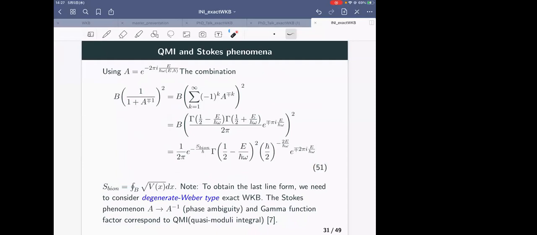I note that from here to here is very easy, but from here to here is a neat technique. After my talk, Kamata-san will explain in more detail how to derive this form from the symbolic form. Anyway, this form is the so-called quasi-modular integral form, and here it is called the phase ambiguity, which corresponds to the Stokes phenomenon of the quasi-modular integral.